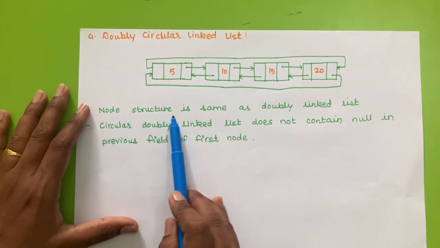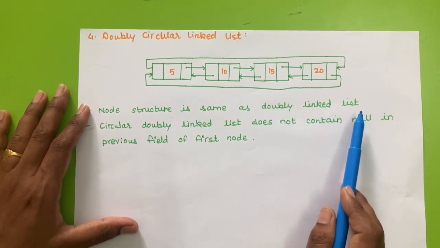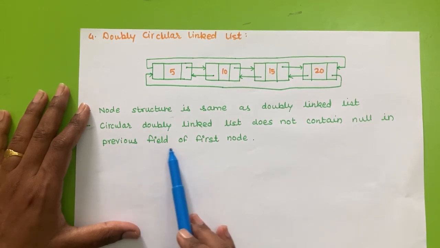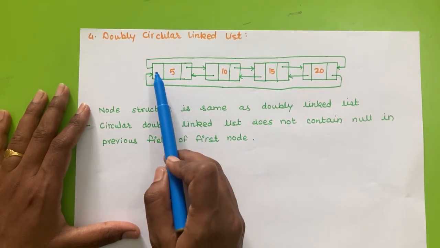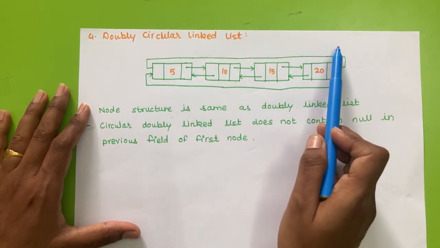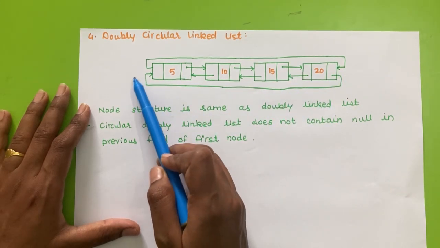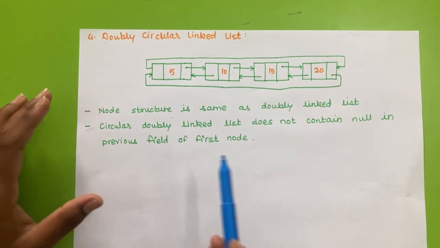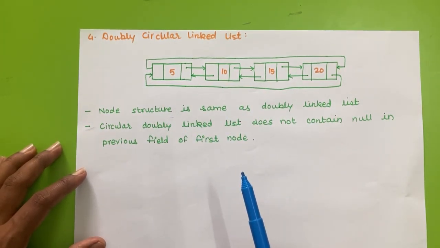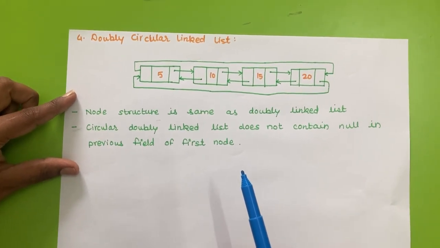The node structure is the same as the node present in the doubly linked list, and the doubly circular linked list does not contain any null previous field in the first node, because the first pointer is replaced with the address of the last node, and the last pointer field is replaced with the address of the first node. So here also we can traverse in both directions, and this is quite a bit more complex than the circular linked list.